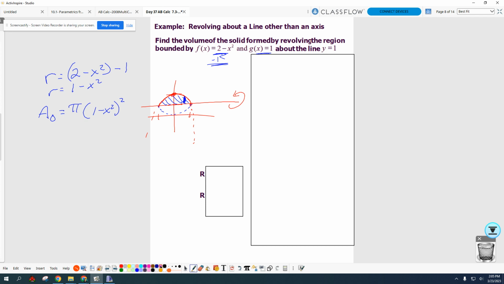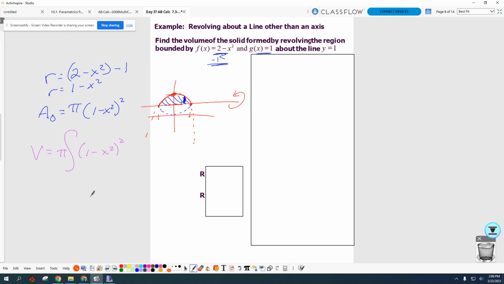Just letting you know, on multiple choice, A, the first option, is the correct answer without pi. B, C, D, probably D is the right answer with the pi on it. But we want to find the volume, so pi r squared. Can I put the pi on the outside? Yeah. What are the bounds?